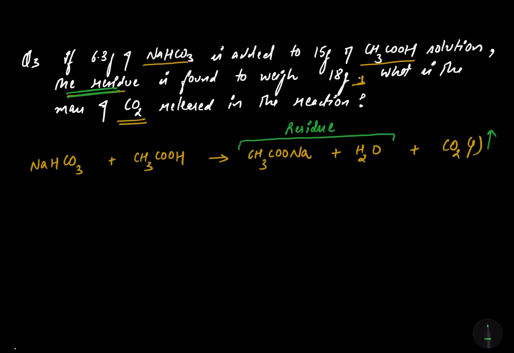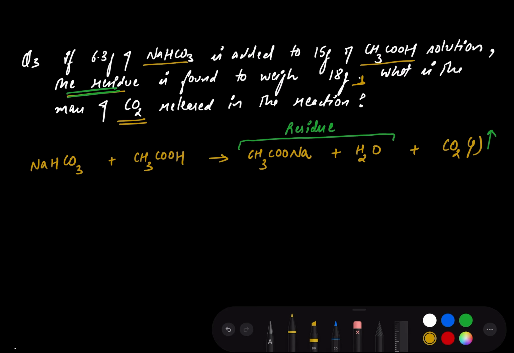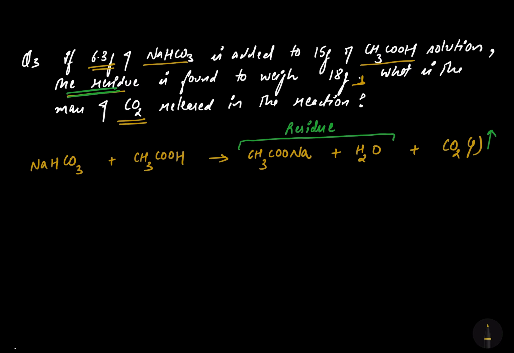So in the question, we are having 6.3 grams of NaHCO3. We are having 15 grams of CH3COOH. We are having 18 grams of total residue, and we have to evaluate the mass of CO2, let it be x grams. So again, we are taking the law of conservation of mass to be true for this reaction.